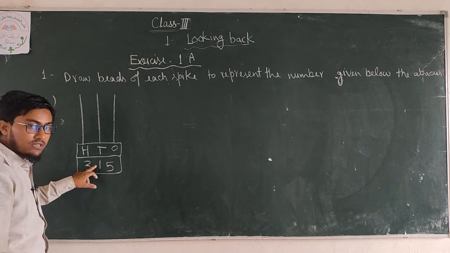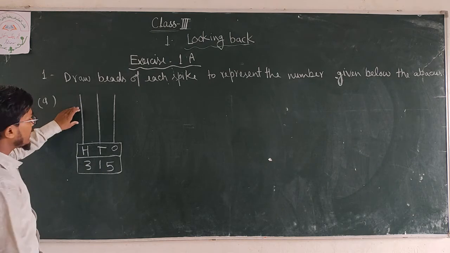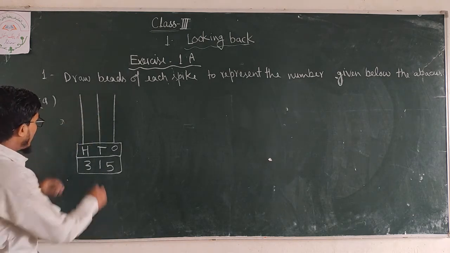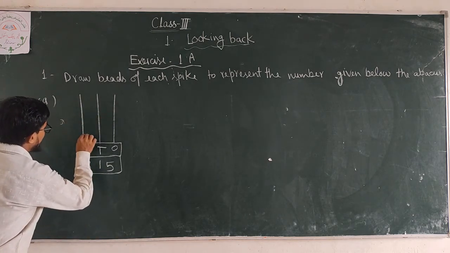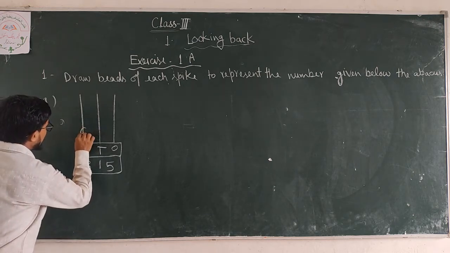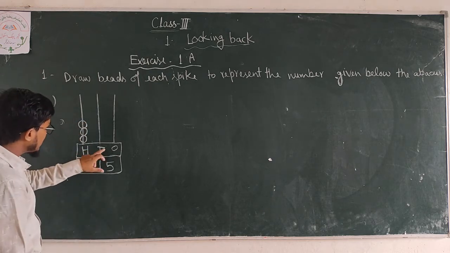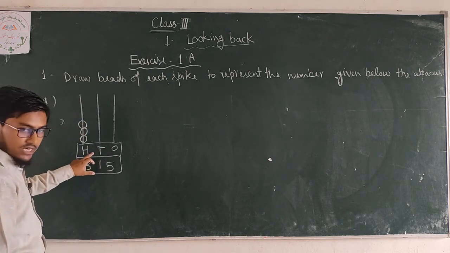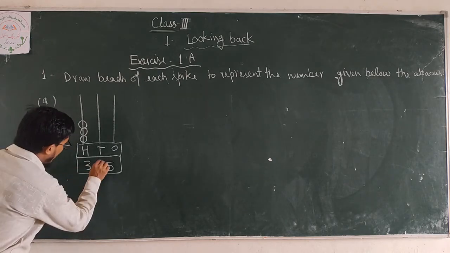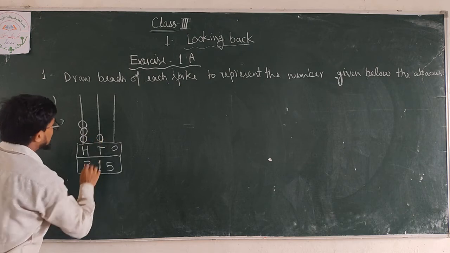It means that on the hundreds spike, this is a spike, I make beads. How many beads do we make? 3: 1, 2 and 3. On the tens position, how many tens? 1, we make 1 bead.